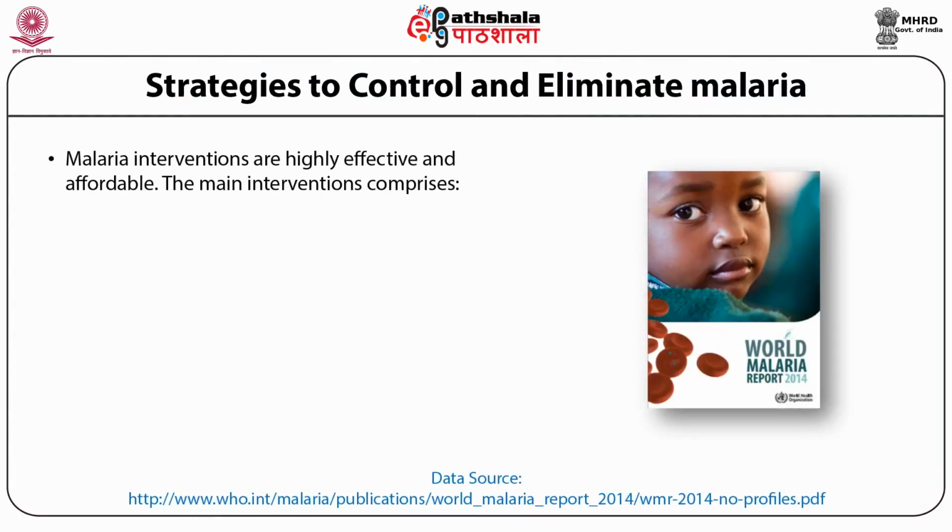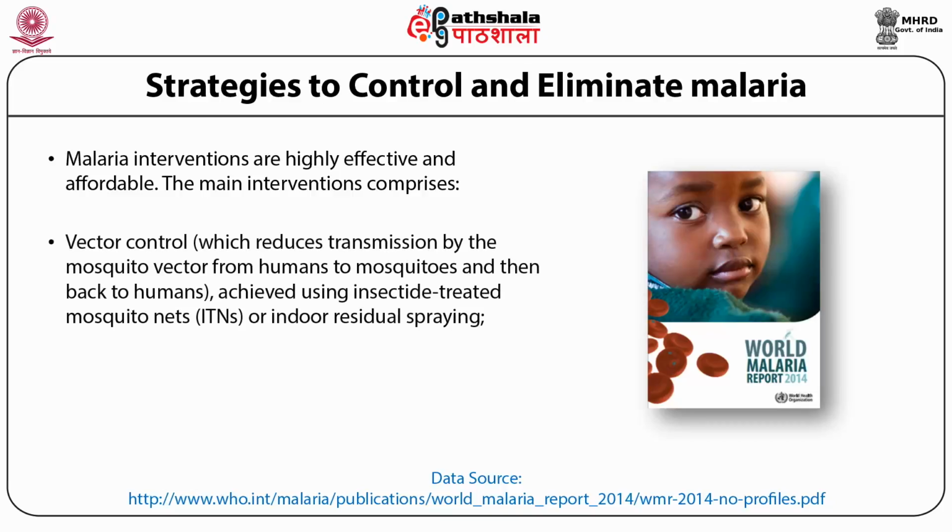Despite many years of research and intensive effort to control and eradicate malaria, the malaria-free world still remains a dream. The prevalence of this deadly disease continues to increase in several parts of the world. In the recent era, there has been strong support for an integrated approach for malaria control, which includes, first, the vector control strategy that reduces the transmission of the parasite from humans to mosquitoes and then back to humans.